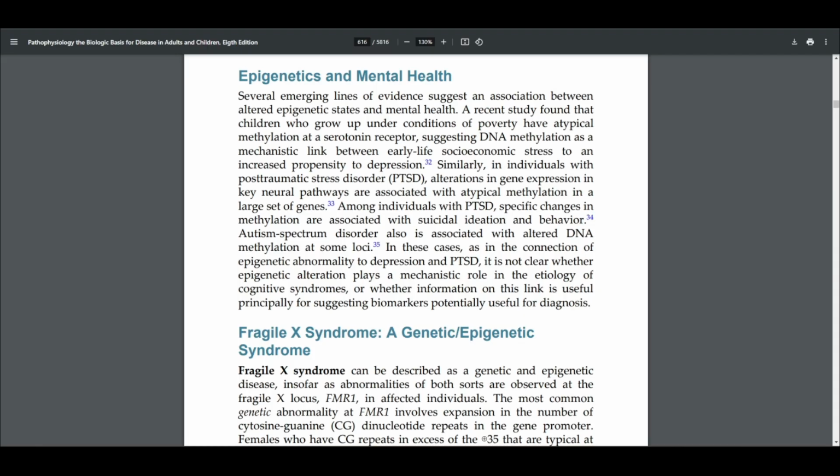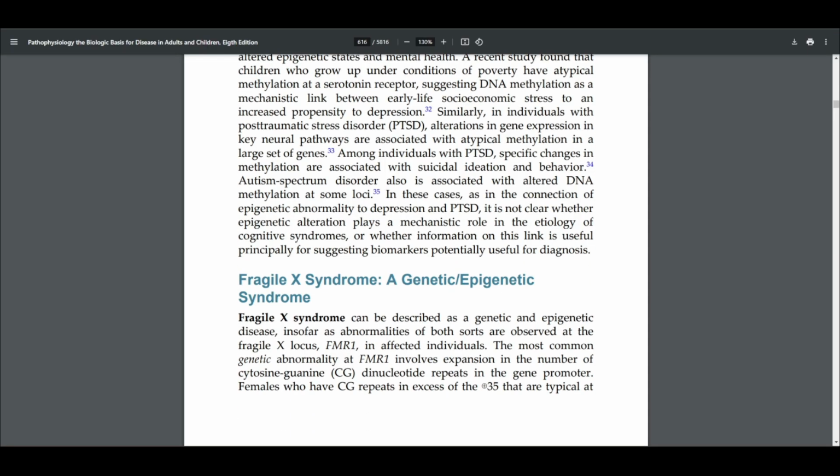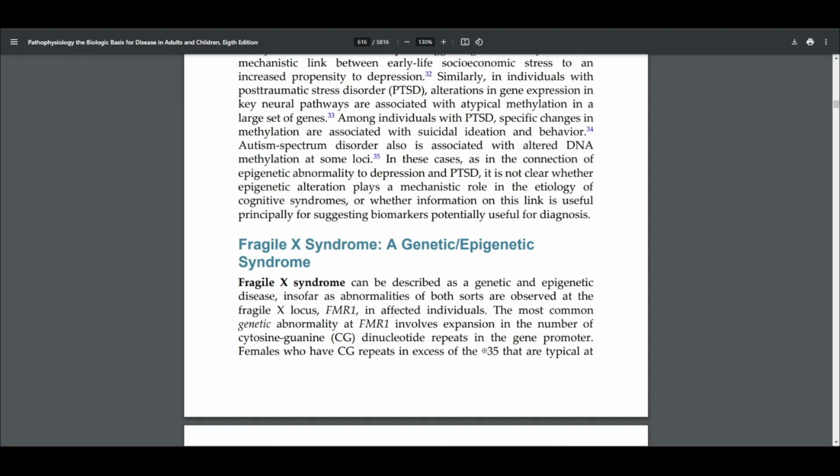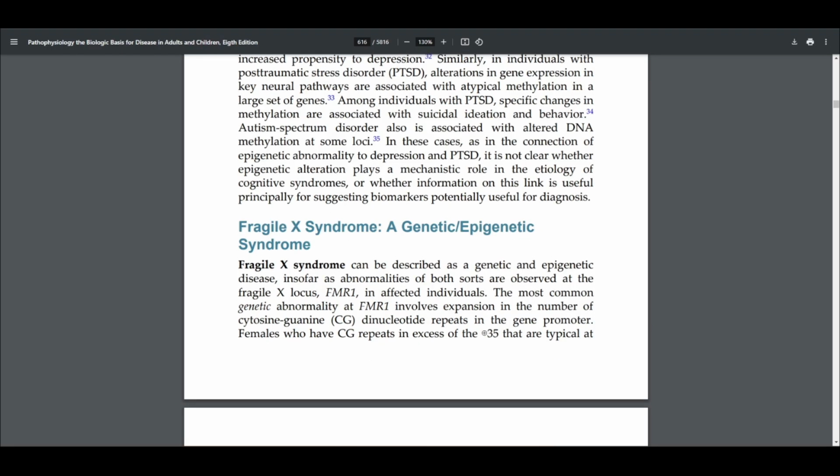Similarly, in individuals with post-traumatic stress disorder, alterations in gene expression in key neural pathways are associated with atypical methylation in a large set of genes. Among individuals with PTSD, specific changes in methylation are associated with suicidal ideation and behavior. Autism spectrum disorder also is associated with altered DNA methylation at some loci.